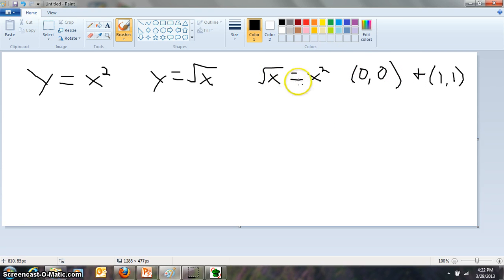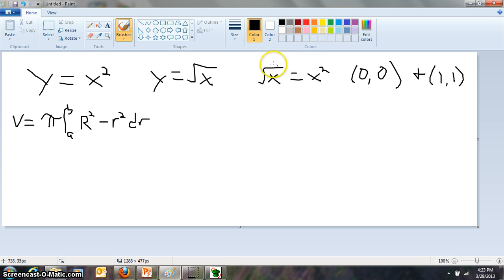The next step is to figure out which one goes on top, and that's important because the volume, when using the washer method, equals, and you can pull out the pi here if you want, the integral from a to b of big R, big radius, squared, subtracted by the little radius squared. Now, the big radius is usually the equation above, and the little r is the equation below. Usually you would graph that out to show you what that would be.